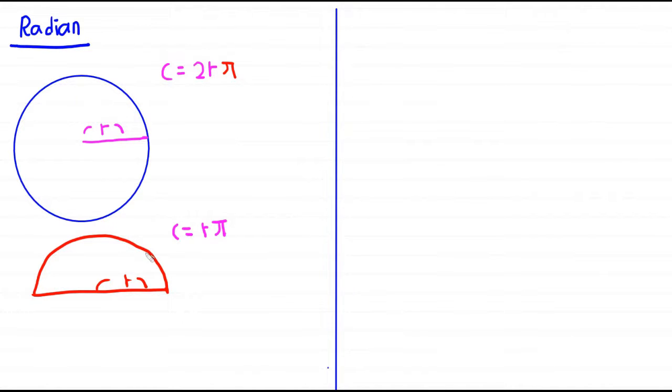And this half of the circle is part of a sector, and we know that we can only apply the radian here. I'll draw it here. There is a sector right over here, and we can call it 1 radian.